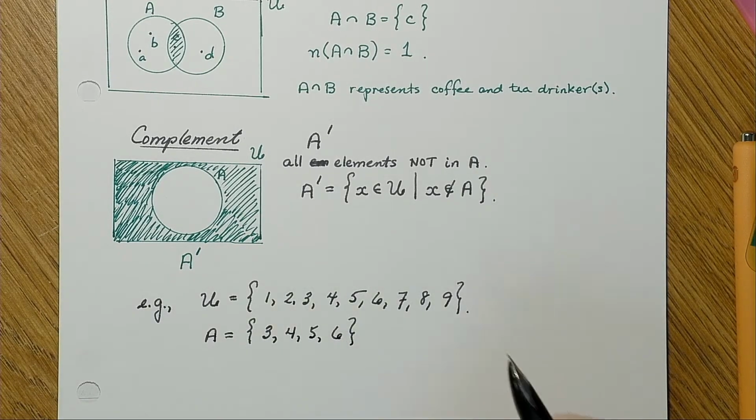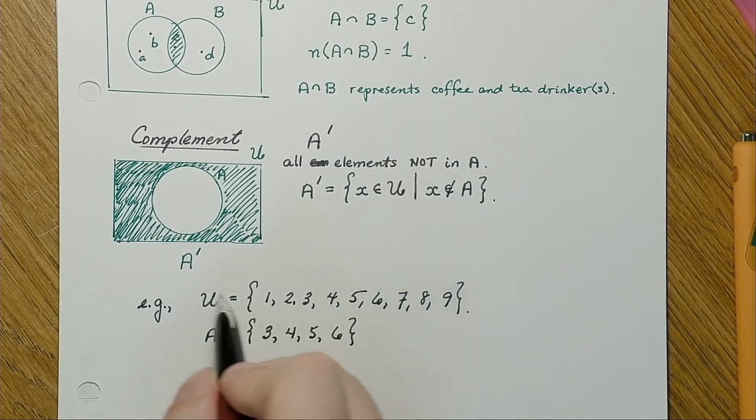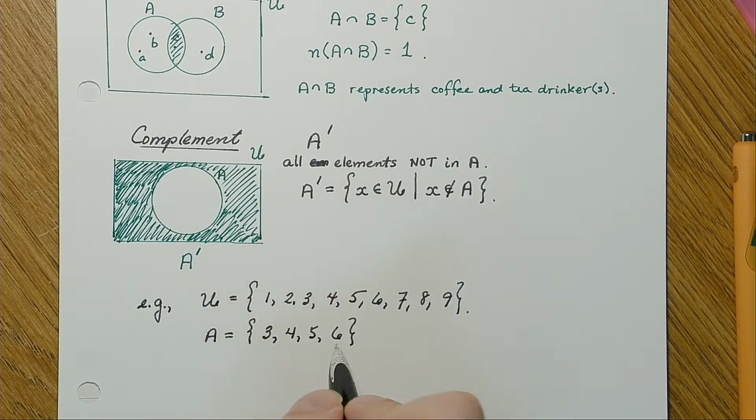I know this is a very trivial example, but again, here is my universal set. It's 1 through 9. I have A, which is 3, 4, 5, 6.